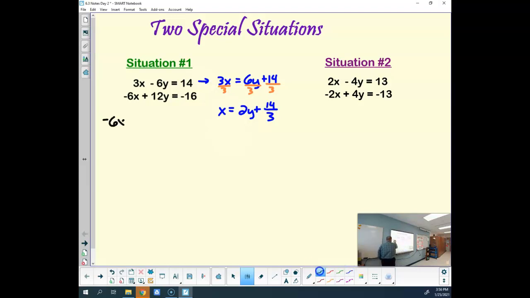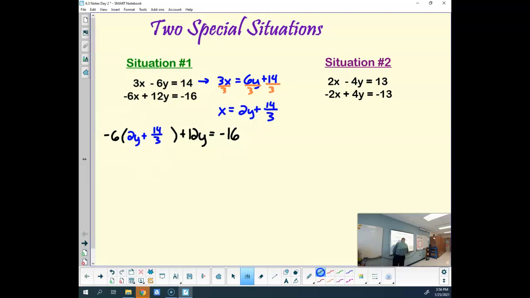Negative 6 times x, and x is 2y plus 14 thirds, then plus 12y equals negative 16.